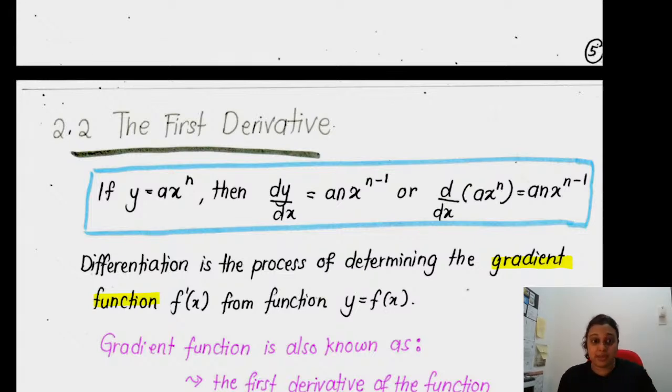Is everything okay? Wait now, one minute. I think the connection will be better now.